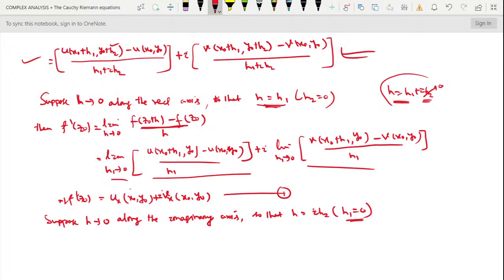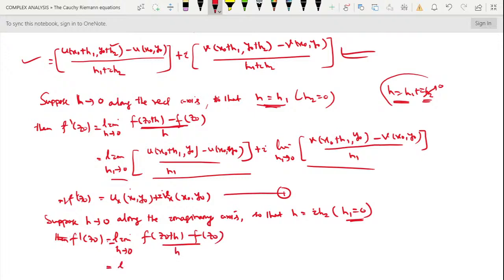Then what do we write? Our f dash z0 is the limit as h goes to 0 of f of z0 plus h minus f of z0 divided by h.